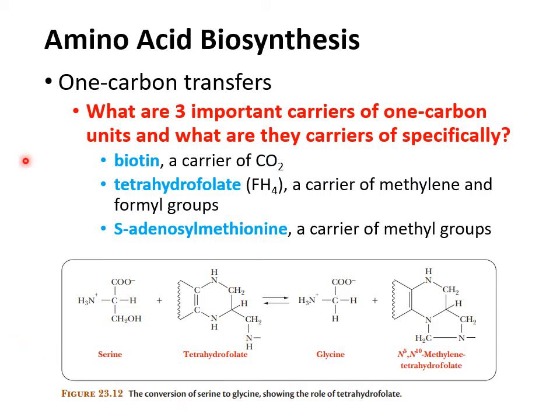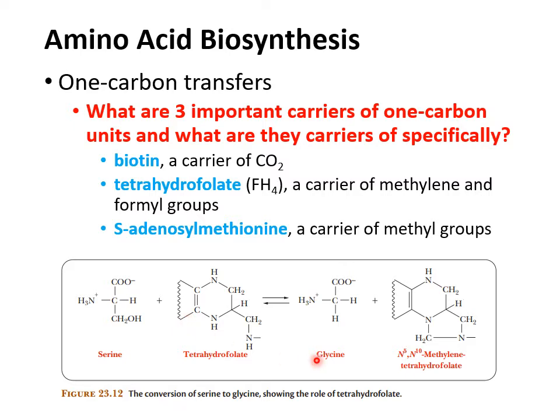And there are three important carriers to know as examples of carriers for these one-carbon transfers. We have biotin, tetrahydrofolate, and S-adenosylmethionine. Okay, and each one is a carrier of a particular group. So biotin will be a carrier of CO2. Tetrahydrofolate, which is in the example here, is a carrier of methylene and formyl groups.